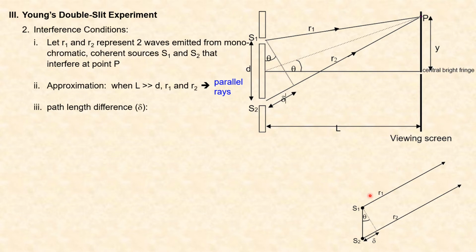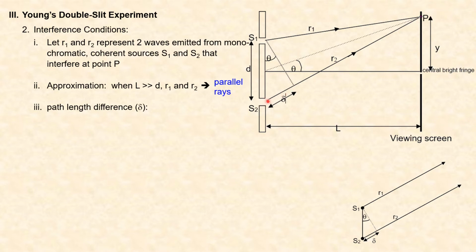So when you look at these figures here, we talk about the path length difference, delta, a concept that we introduced previously. This is the difference in path length between the two waves in the journey they take to the screen.